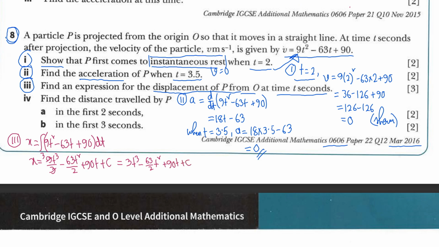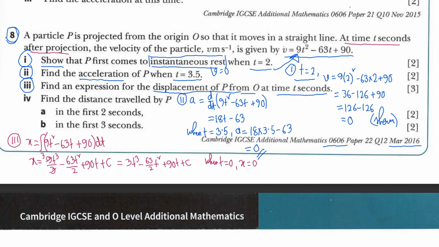To get the value of c from here: in this question it is written, at time t seconds after projection and from the origin, it moves in a straight line. It implies that at the starting moment, when t equals 0, its displacement is also 0. So we put in when t equals 0, x is also 0.